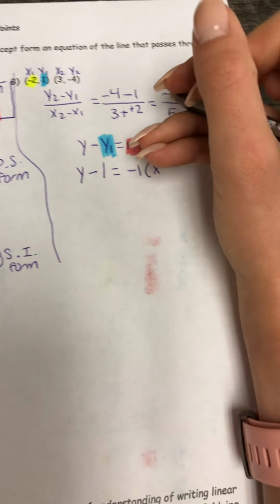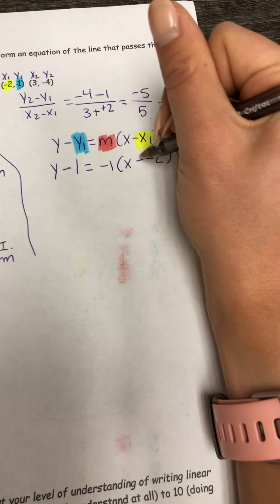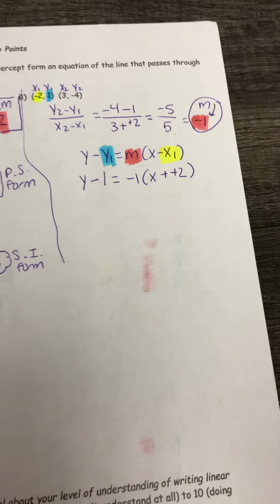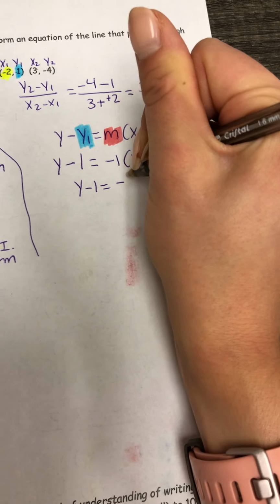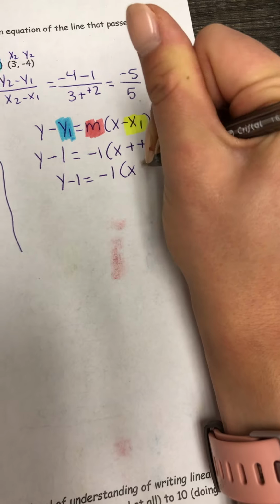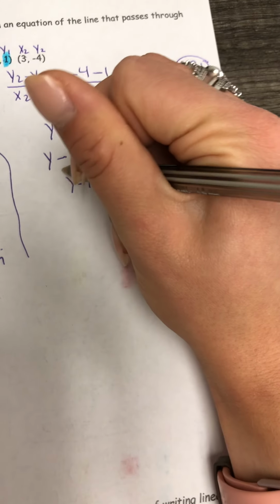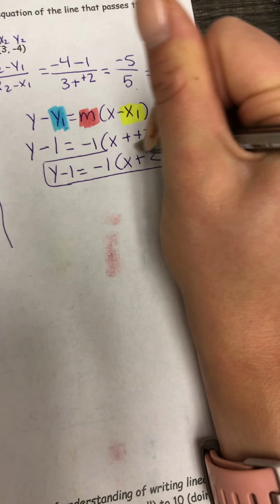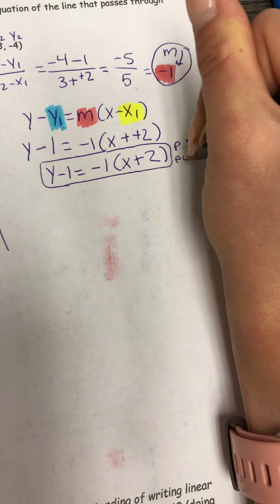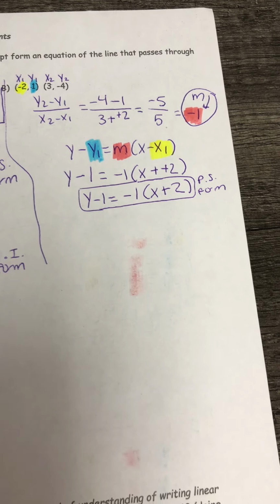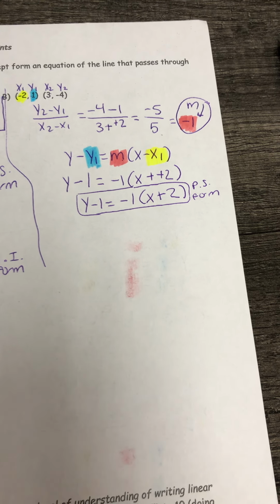Now x1 is -2, so I'm subtracting -2. When you subtract a negative, you are really adding. So I do need to rewrite this to get it into point slope form, just so I don't have two signs next to each other, because I don't like that. So for point slope form, I am left with y minus 1 is equal to -1 times the quantity x plus 2.